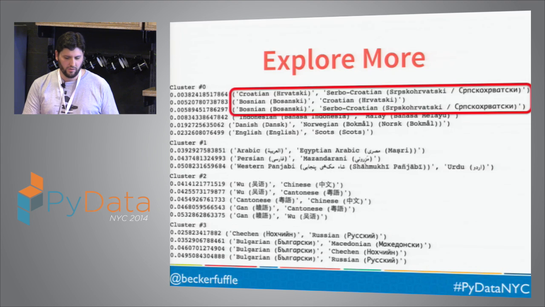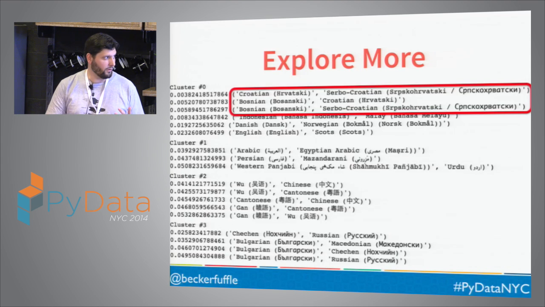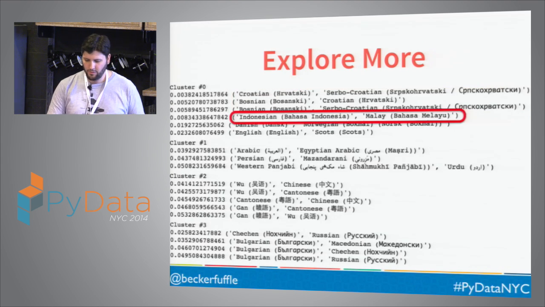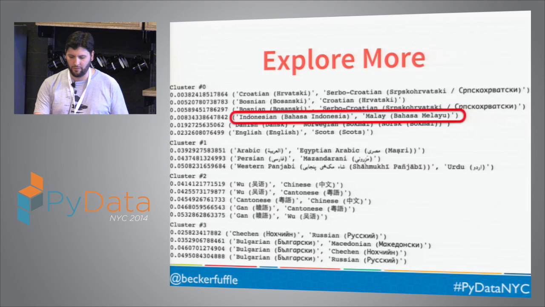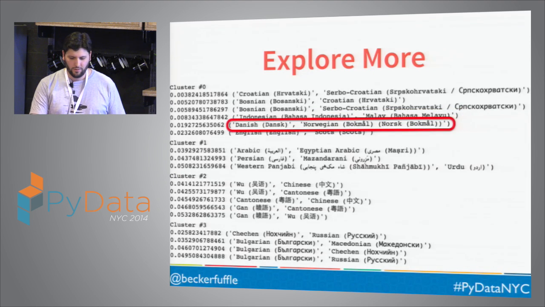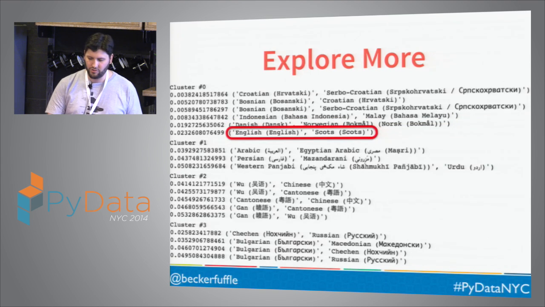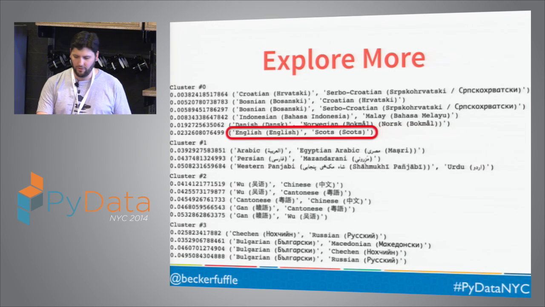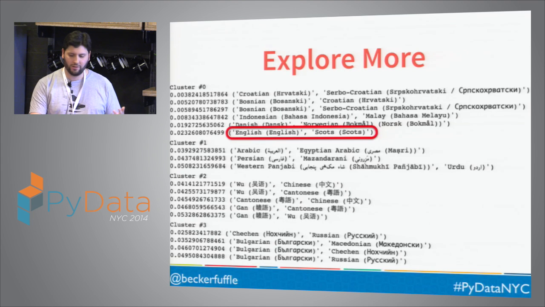Croatian, Serbo-Croatian, and Bosnian are the most similar, followed by Indonesian and Malay, Danish and Norwegian, and English and Scots. Some of these really similar languages will probably be useful for us later on when we're training a classifier, to help benchmark it.